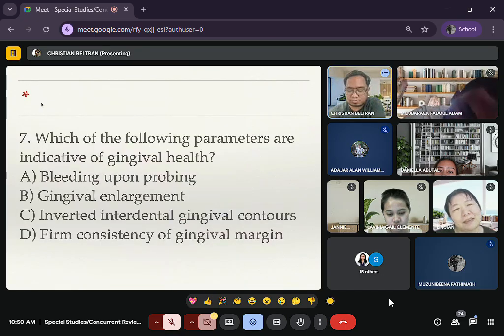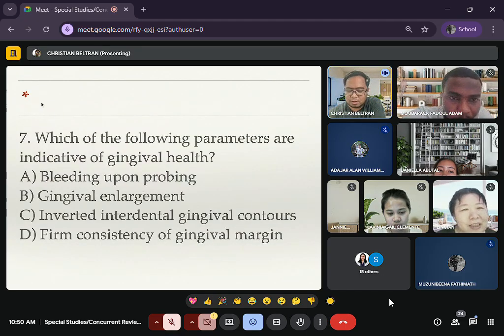Number 7. Which of the following parameters are indicative of gingival health? Bleeding upon probing, gingival enlargement, inverted interdental gingival contours, firm consistency of gingival margin.